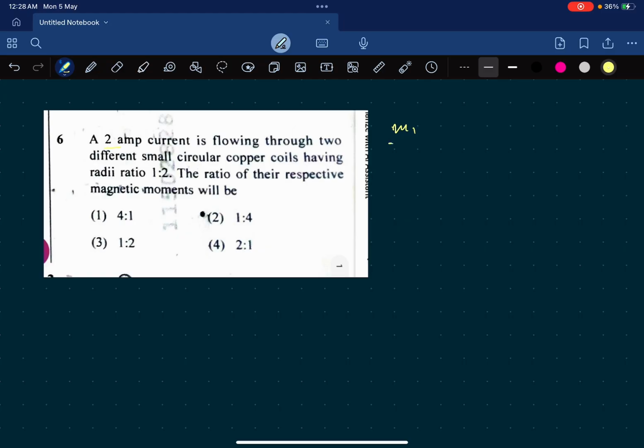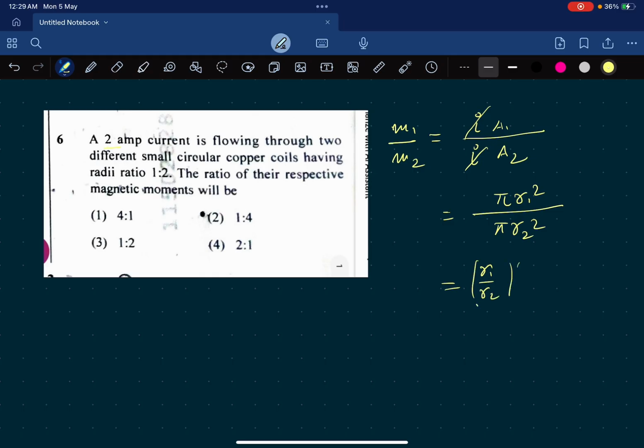The magnetic moment of the first to the second will be equal to the ratio of the electric currents, which are the same in both coils, times the areas, which will be different. Since they are circular coils, the area will be pi r square, and the ratio of the radii of the coils is 1:2, so this will be equal to 1 by 4. So the answer will be 1 by 4.